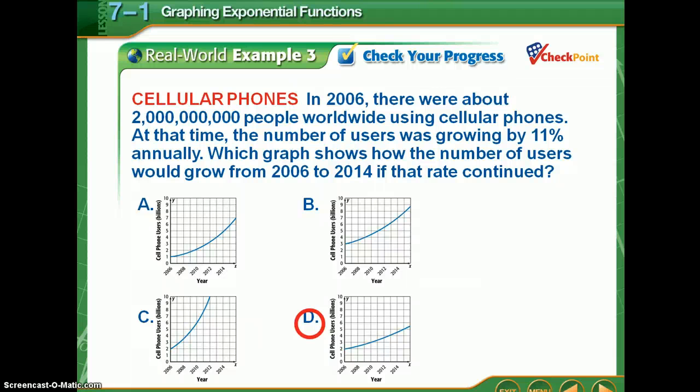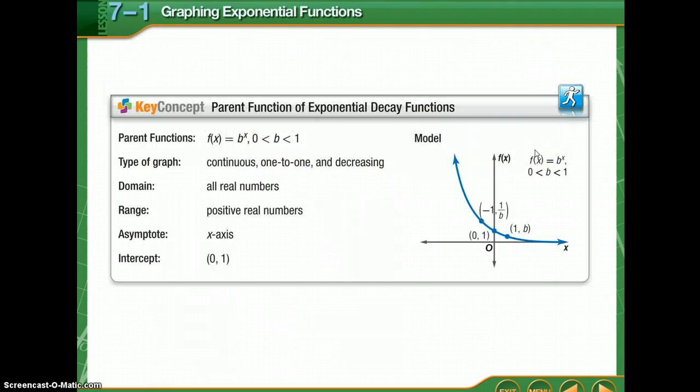So we simply just had to substitute in a, and r is changing our 11% to a decimal. So here's a, and 0.11 is our rate. And decay functions will be something for next time.